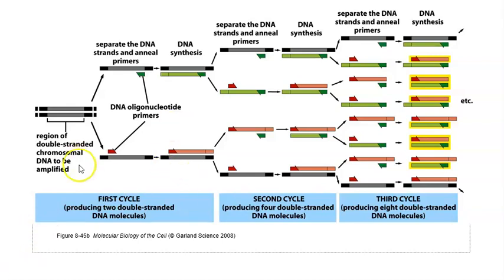Those primers, one will bind to one strand, one will bind to the other strand, and they are effectively pointing towards each other. This piece of DNA has a 5' and a 3' end, and this primer has a 5' and a 3' end. If you remember, DNA can only be extended in a 5' to 3' direction.